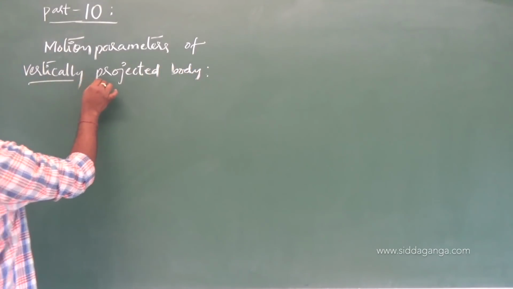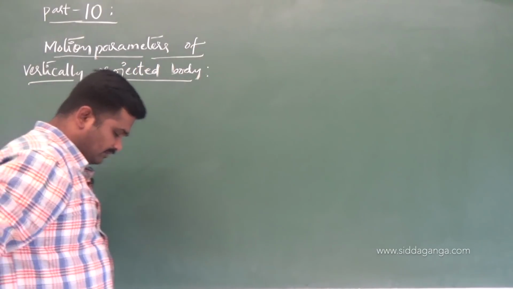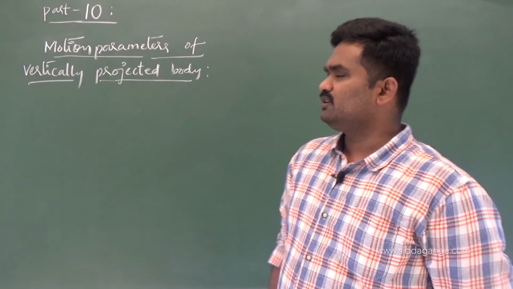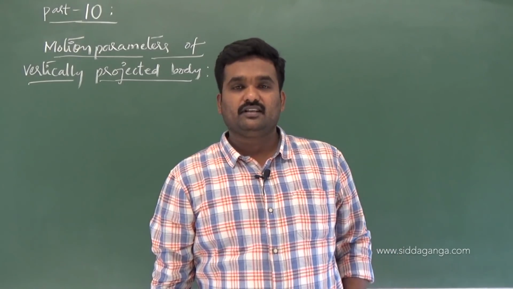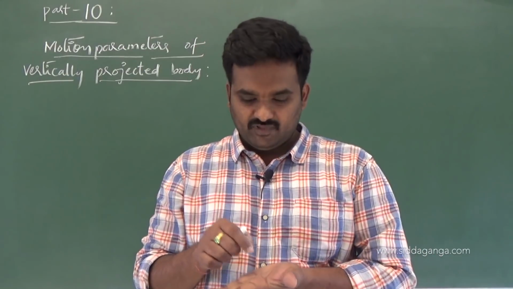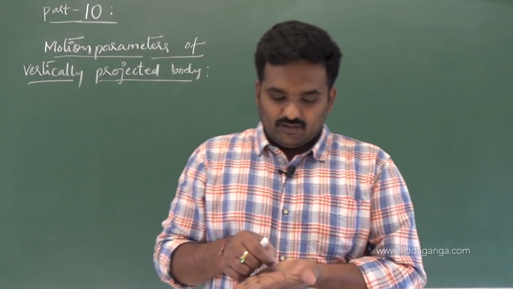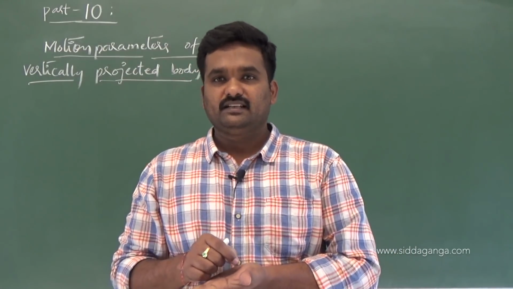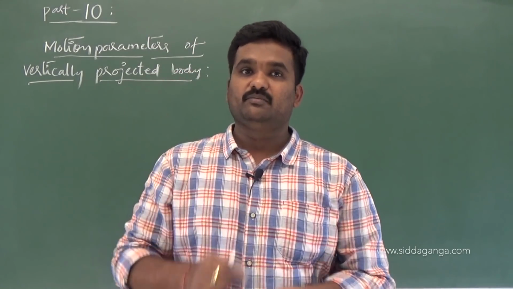So what are they? I told three of them in the previous session itself. If I am going to throw the body vertically up from here, this point we call the point of projection. If I give some velocity at the point of projection, it moves up and reaches a maximum height. So we need to write an expression for maximum height.